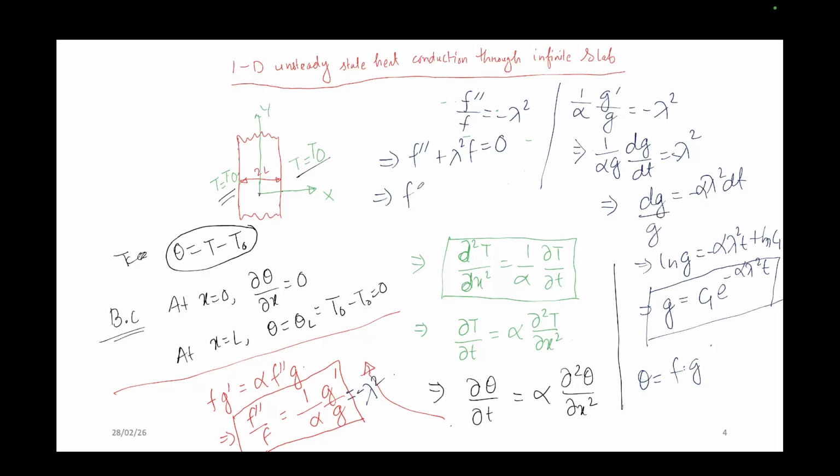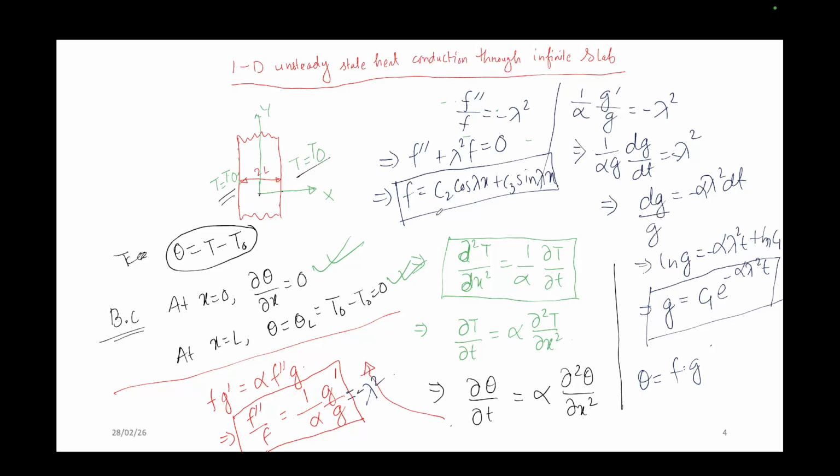In such types of equation, the function is c2 cos lambda x plus c3 sin lambda x, right? So this is how you can derive this. Now you have these boundary conditions. If you put them here, you can easily get the solution, right?